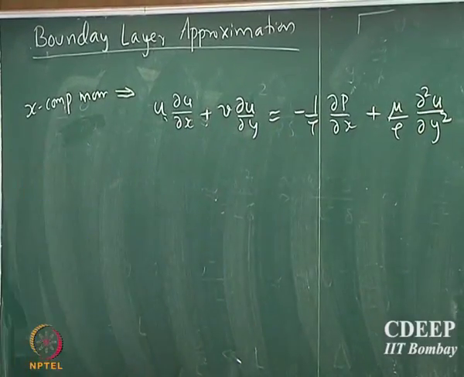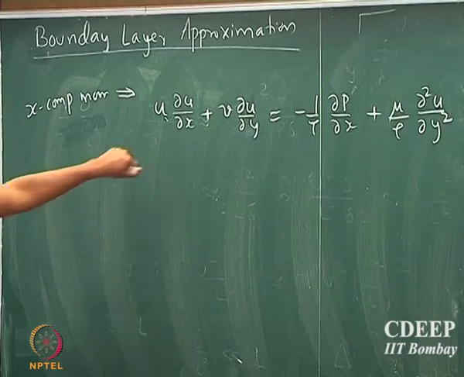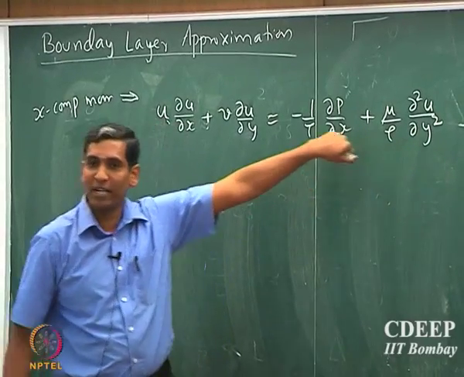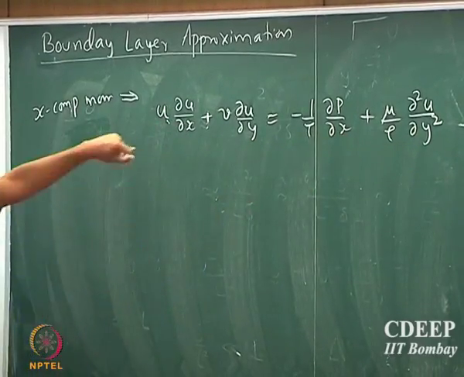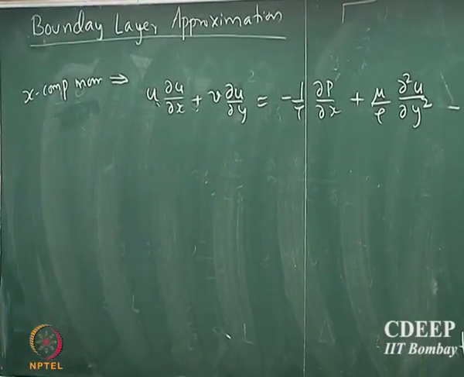The tough part is the y momentum balance. For the x momentum balance, it is very easy to see why the second gradient should not be present. You simply introduce the scaling variables, and you will see that its order of magnitude is much smaller than all the other terms, so you ignore it.